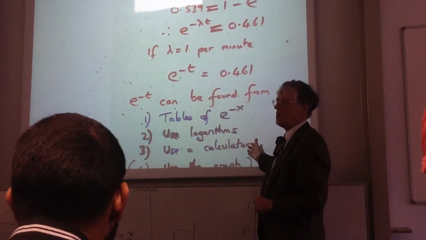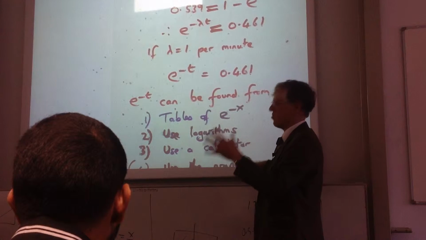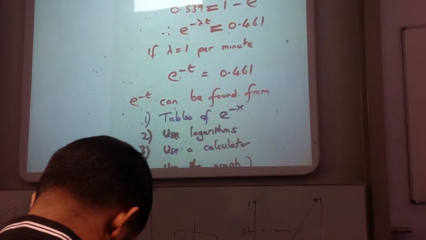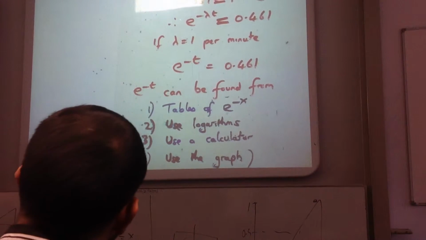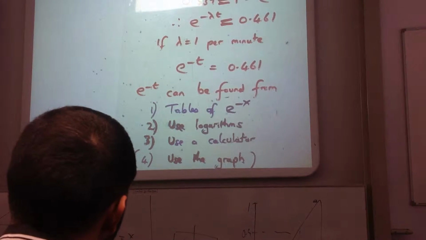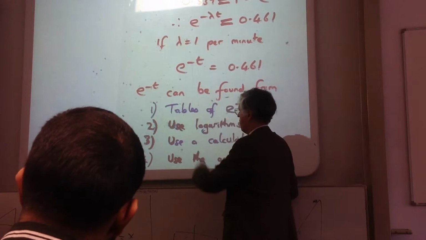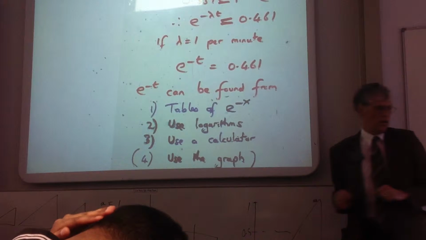You could use a calculator to do it. It's not quite as easy as it sounds. Or, obviously, you could plot out the function and use the graph. I'm going to put that in brackets because that's going to be the least accurate of the methods. If we use the graph, we're relying on how accurately we've drawn it. If we do these other methods, we're getting precise calculations.